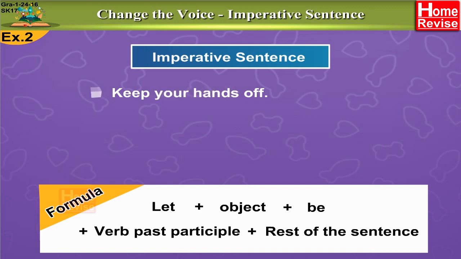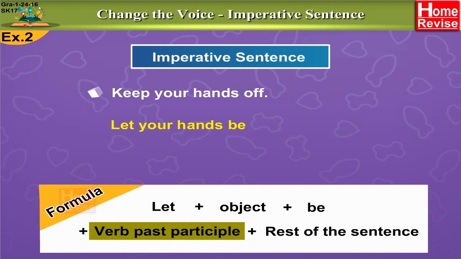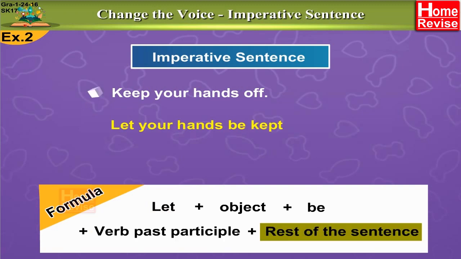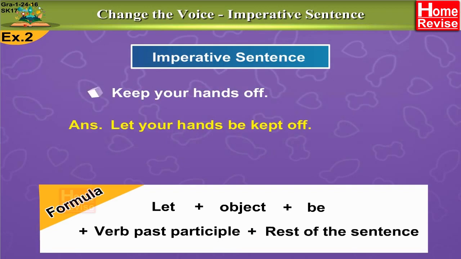As per the formula, begin the sentence with let, followed by the object. So, let your hands be, past participle of the verb keep is kept, rest of the sentence is off. So the answer is let your hands be kept off.